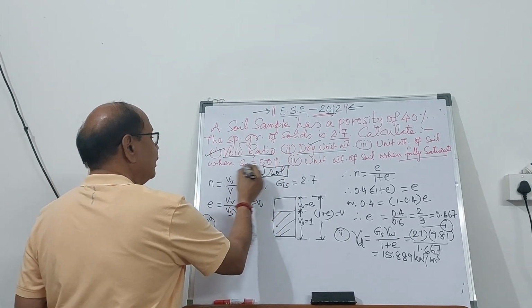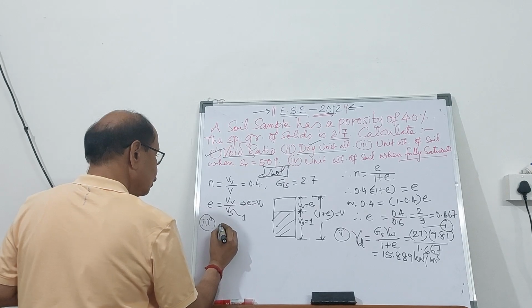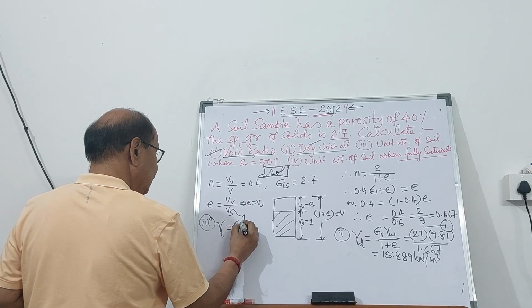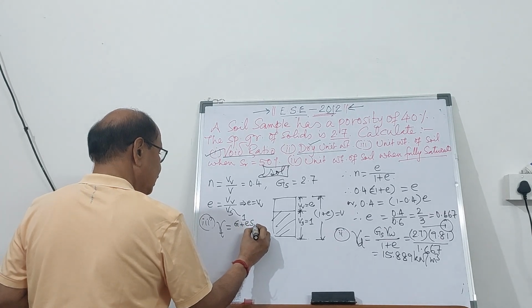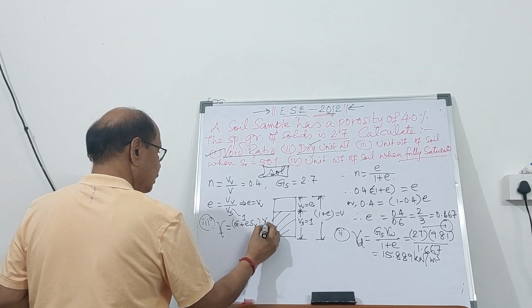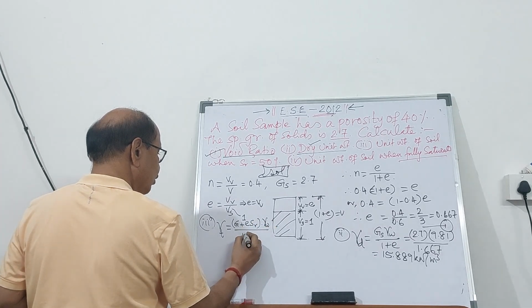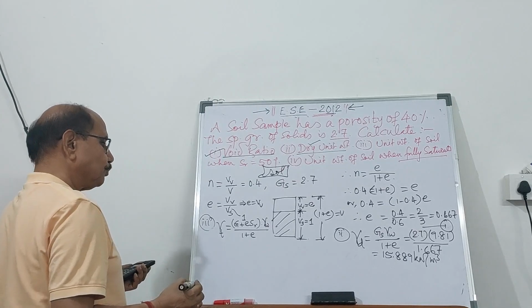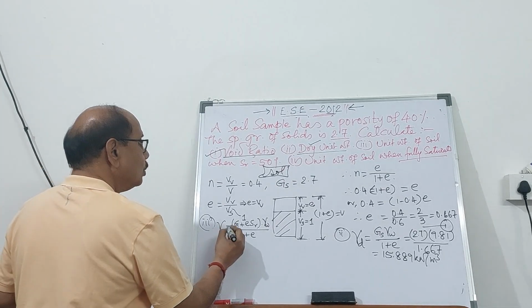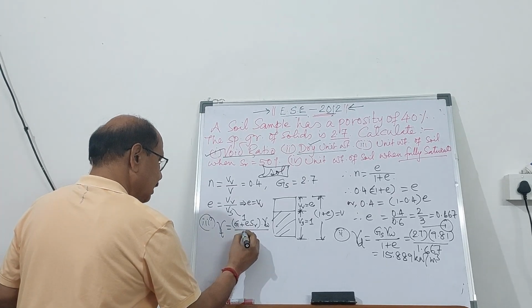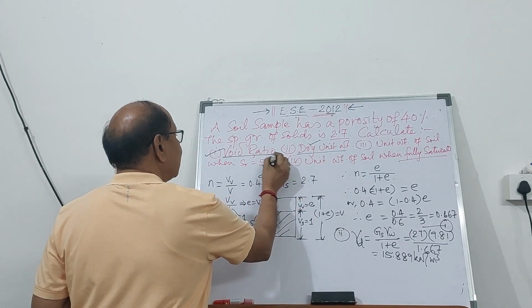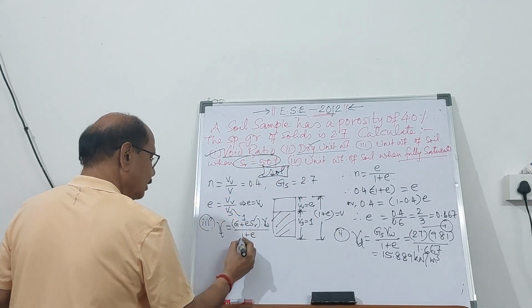Now let's go to the third part. Unit weight of soil when degree of saturation is 50%. So gamma T equal to G plus E into degree of saturation SR, gamma W divided by 1 plus E. So the SR is already given to you here, that SR equal to 0.5.